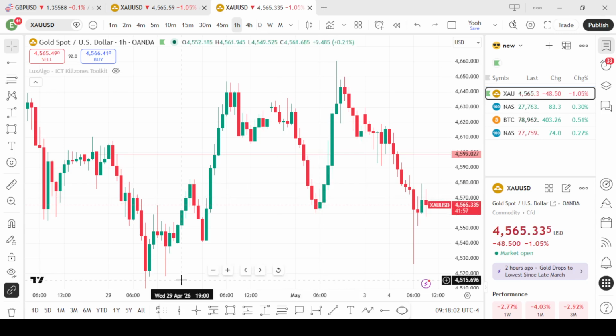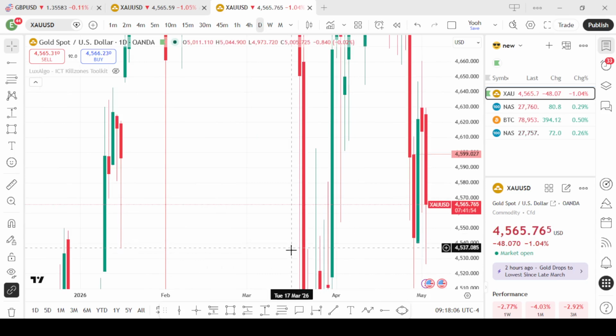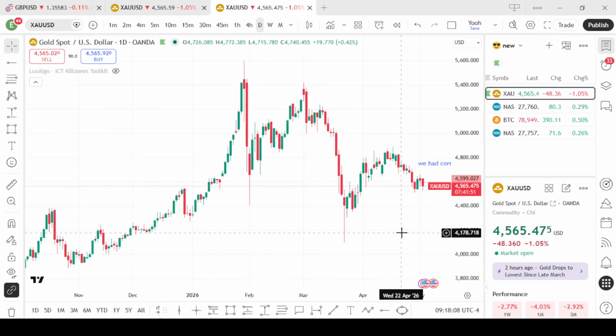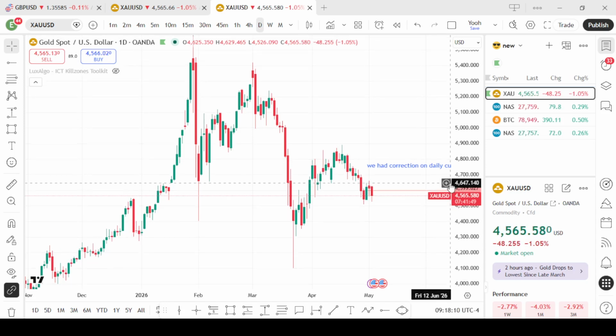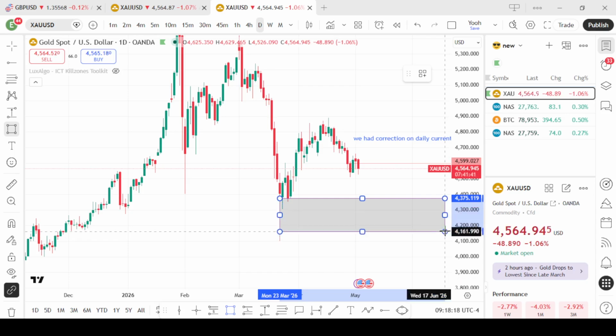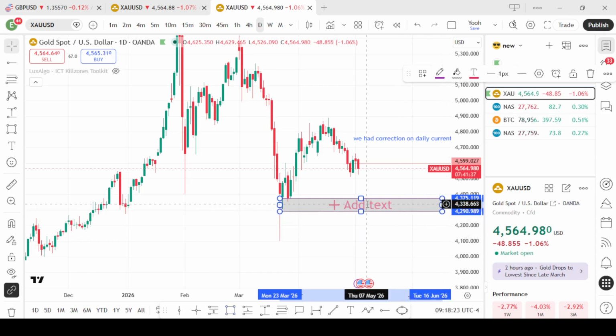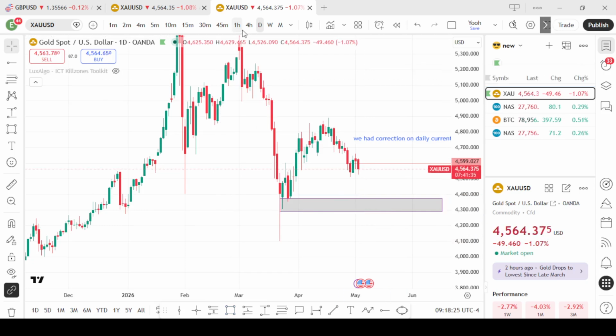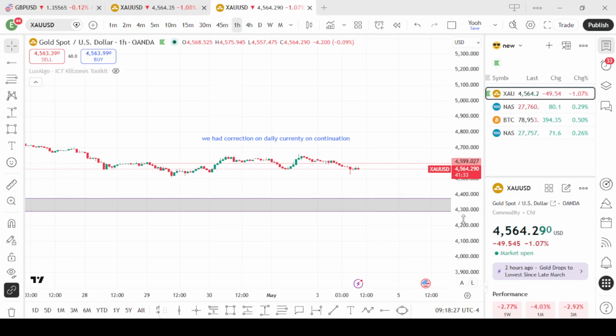Let's see the 1 hour. Let's look at this again. This is most probably where the sellers are. So let's look on the 1 hour.